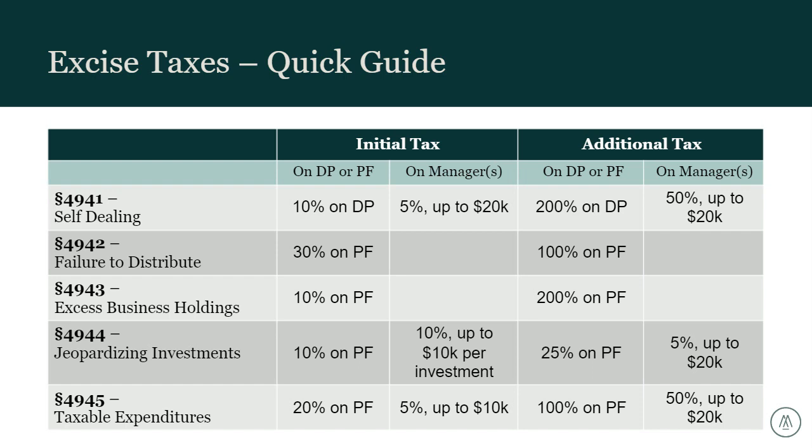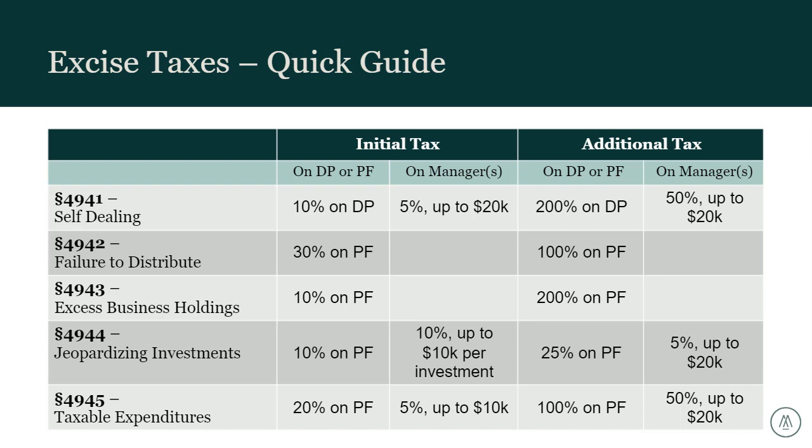And then jeopardizing investments, 10% on the private foundation. This is another one that can be assessed on foundation managers, at 10% or up to $10,000 per investment. And then the additional 25% on the foundation, and an additional 5% on the manager up to $20,000.